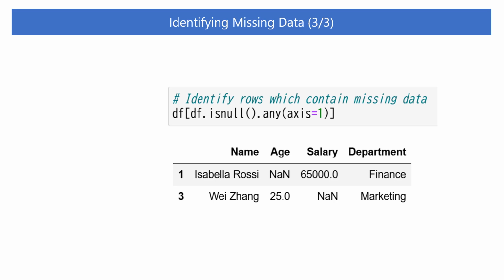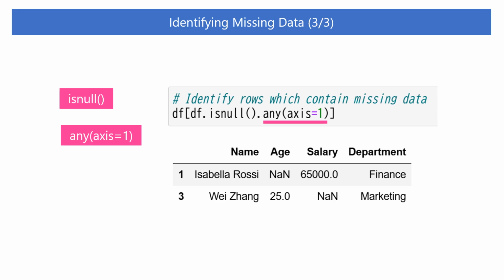Whose data is missing? To reveal this, we can use isnull and any to show the rows with missing values. First, we apply isnull to df. This part checks each cell of the data frame df for missing values.